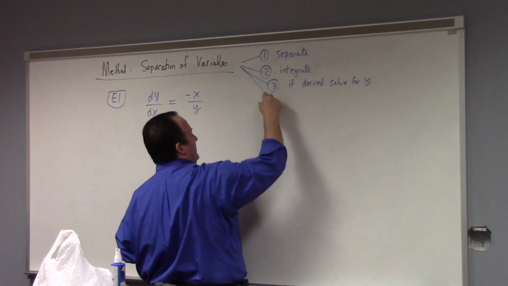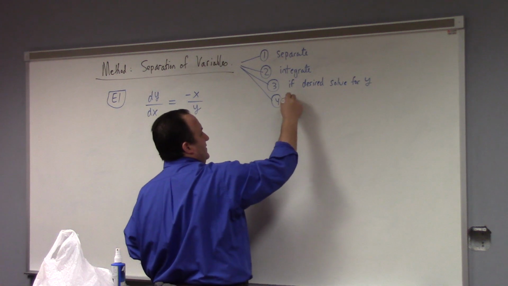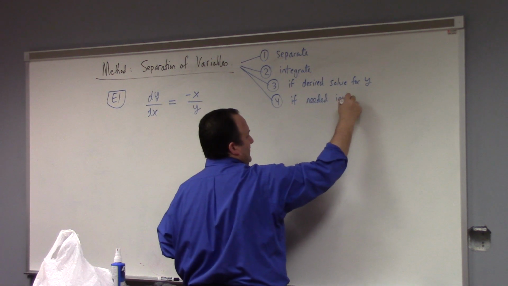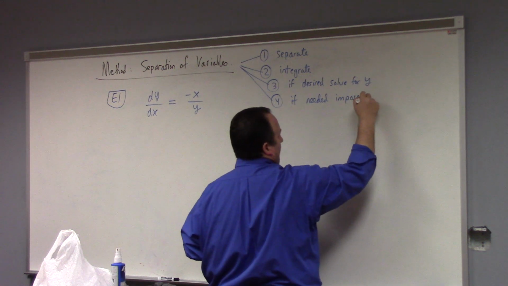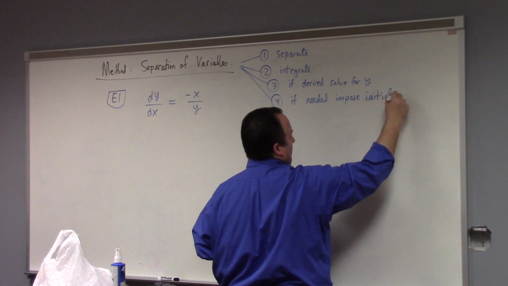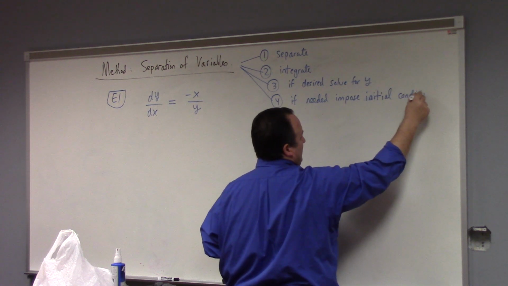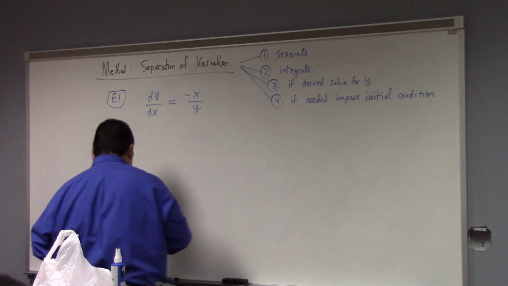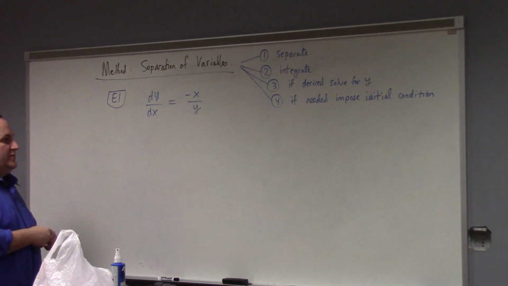I guess there's a step number 4. If needed, impose initial condition. And I'll show you that, in fact, we can build the initial condition into the integration step if you want to. But one thing at a time, okay?